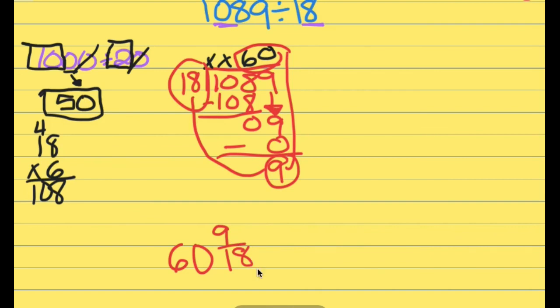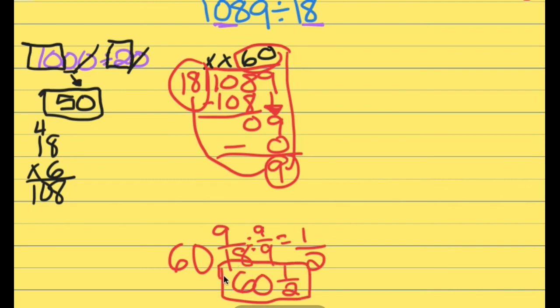We have to simplify. 9 could go into 18, and 9 could go into itself. How many times can 9 go into 9? Once. And 9 can go into 18 twice. So our mixed number would be 60 and a half. Box that answer.